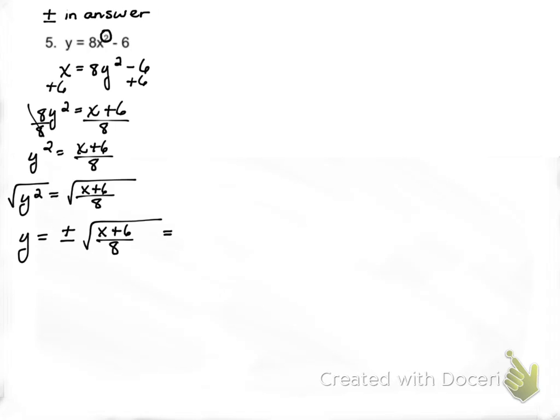Or you could write it plus or minus the square root of 1/8 x plus 3/4. Reduce the fraction. And I will take, again, either one of those answers. This one is a preferable answer to me.